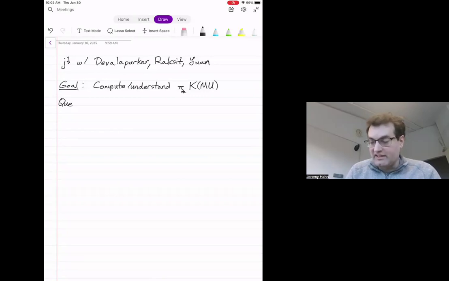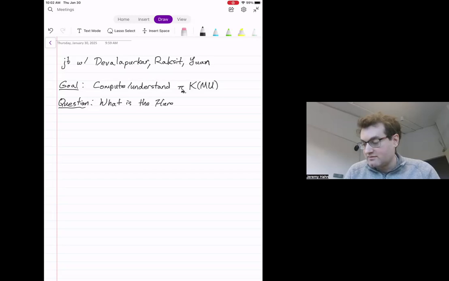There could be many interesting questions to ask about this object, but one of them might be, what is the Hurewicz image? What elements in the homotopy groups of spheres are detected in the algebraic K-theory of MU?